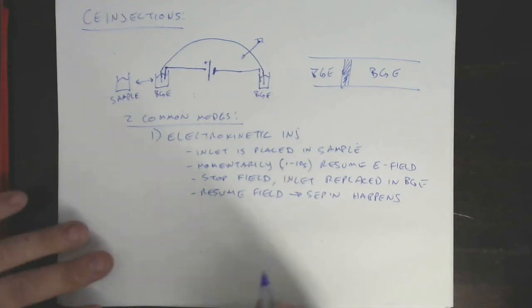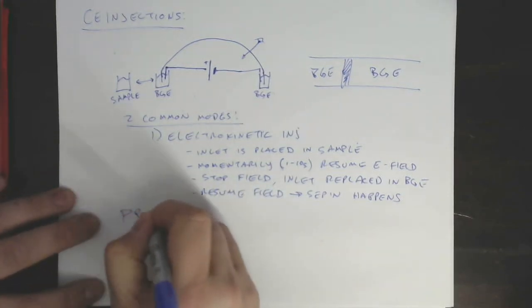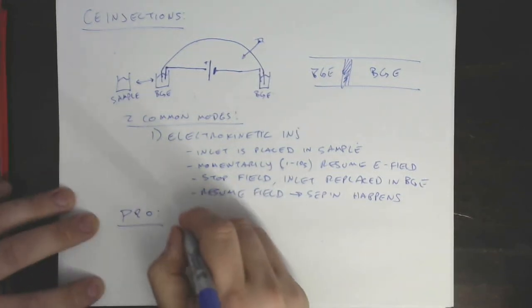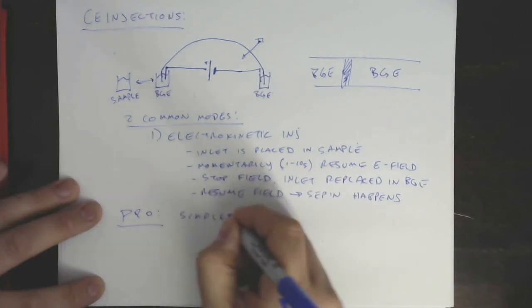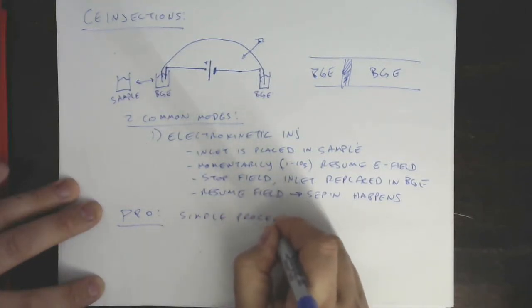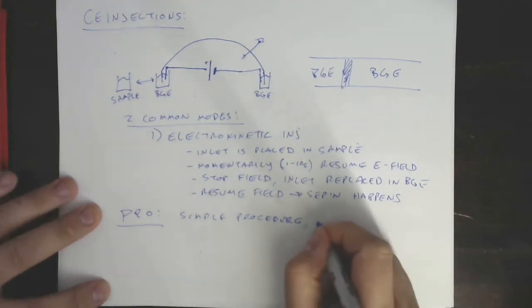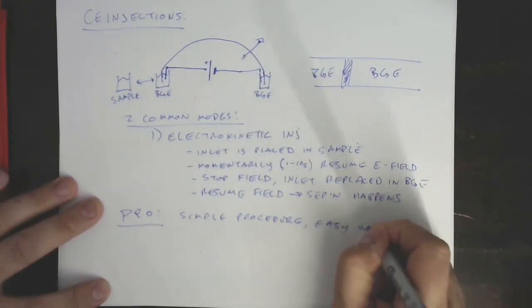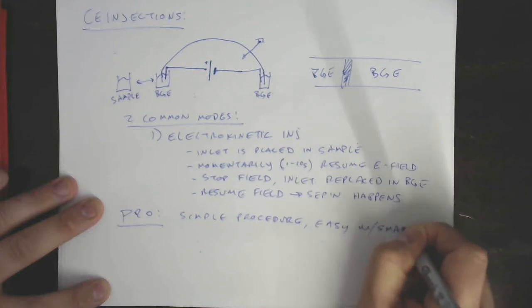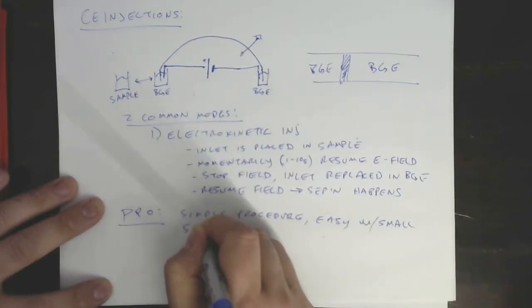Okay, so there's a pro to doing it this way, and that's that it's a pretty simple procedure. And it's easy to do with small sample volumes.